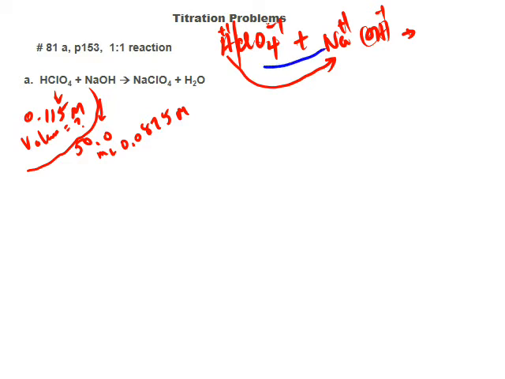Sodium takes the place of hydrogen. Now let's put these side by side, and that's how you get Na plus 1 combining with ClO4 minus 1, a 1 and 1 product, plus H and OH makes H2O.